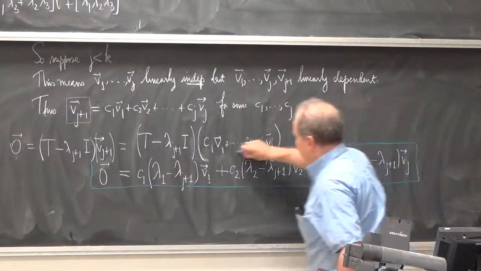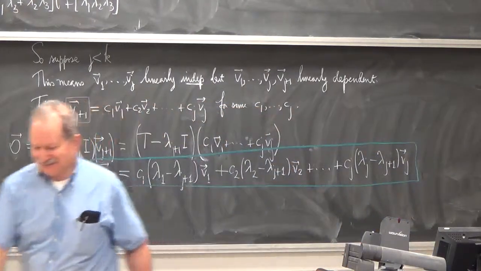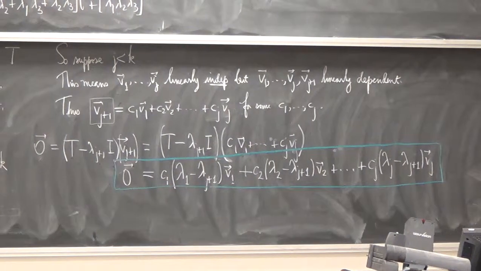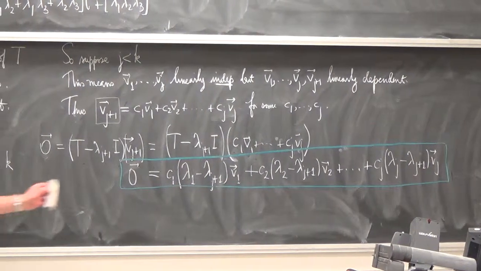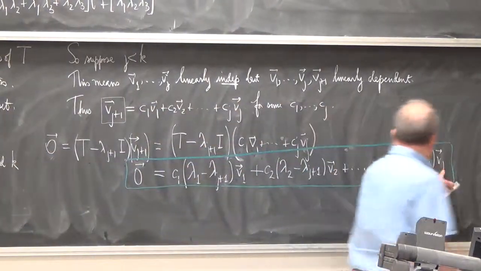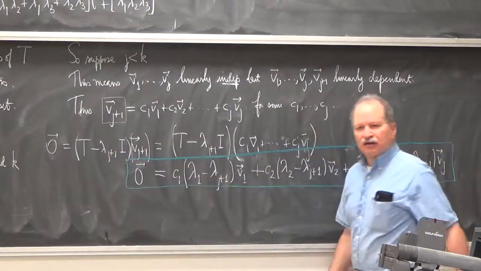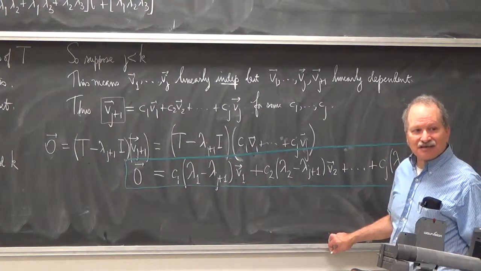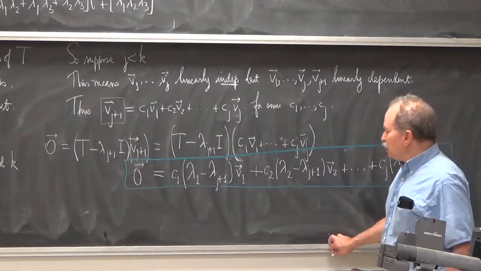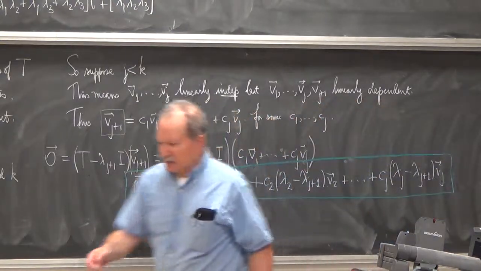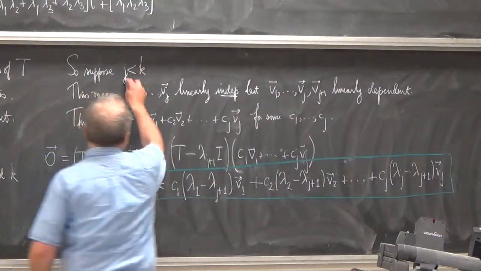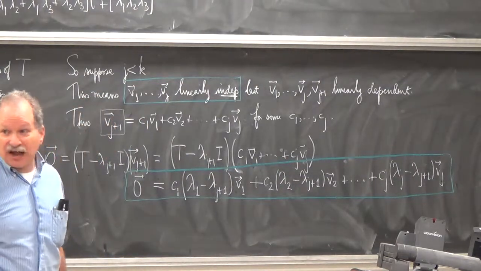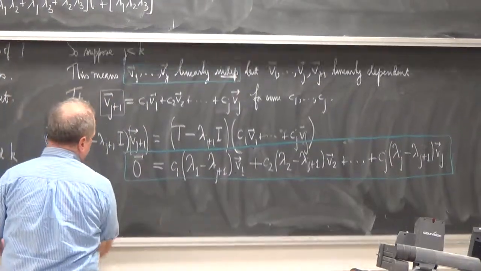Why are we done? Well, not quite. How can you have a linear combination of v1 to vj that gives you the 0 vector? They have to be linearly dependent, but they're not. So all those coefficients have to be 0, because v1 to vj are linearly independent. I know that all the scalars appearing here have to be 0.